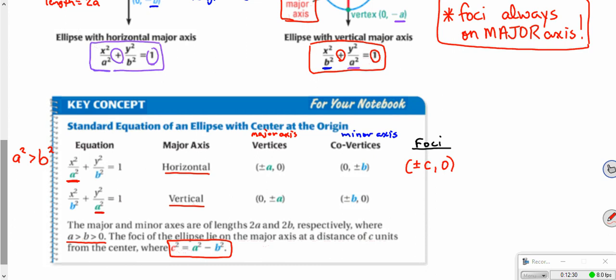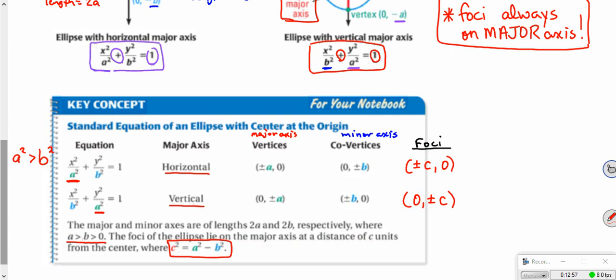The one below here, your foci are going to be on your y-axis because it's vertical, because your a squared is below the y squared in the equation. So your major axis is your vertical y-axis, okay? And that means that your foci are going to be on your y-axis.